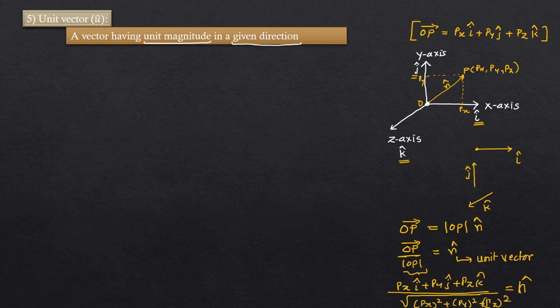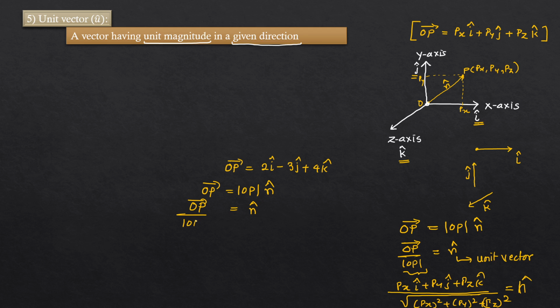Okay, for example, if I say one vector OP bar is equal to 2 i cap minus 3 j cap plus 4 k cap. Okay, how to calculate its unit vector? OP bar is equal to the magnitude of OP into its direction. So the direction n cap will be OP bar divided by its magnitude.